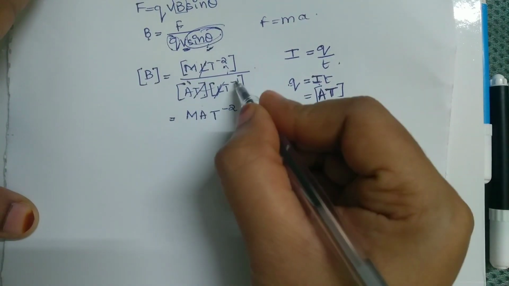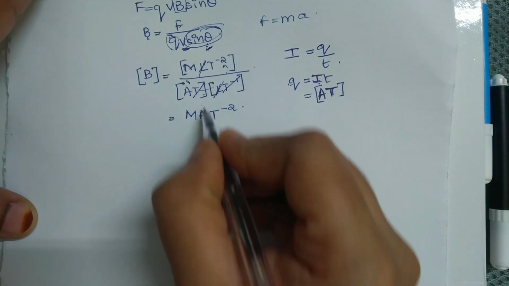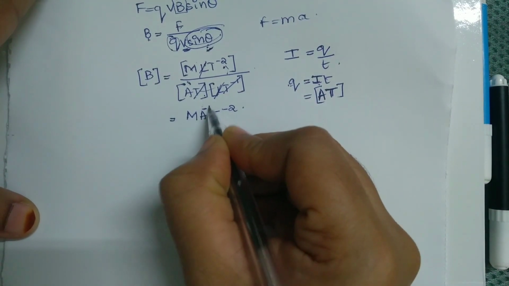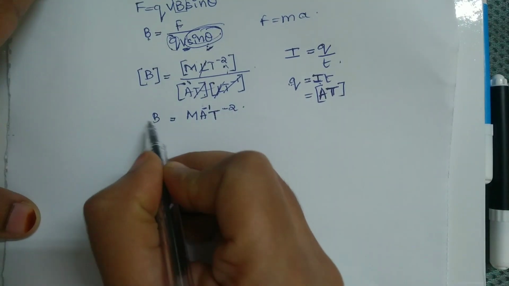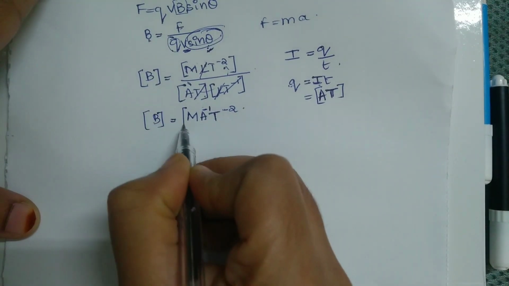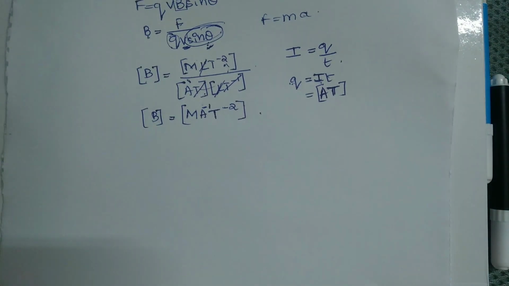Solve this, T gets cancelled. We have A raised to -1, T raised to -2. So this is your dimensional formula for B, that is magnetic field. Hope you have understood the dimensional formula for magnetic field.